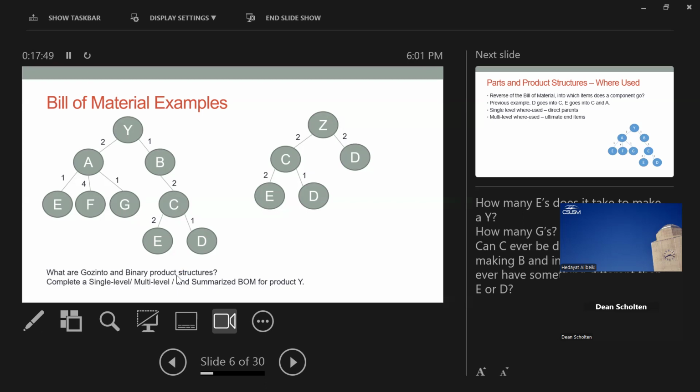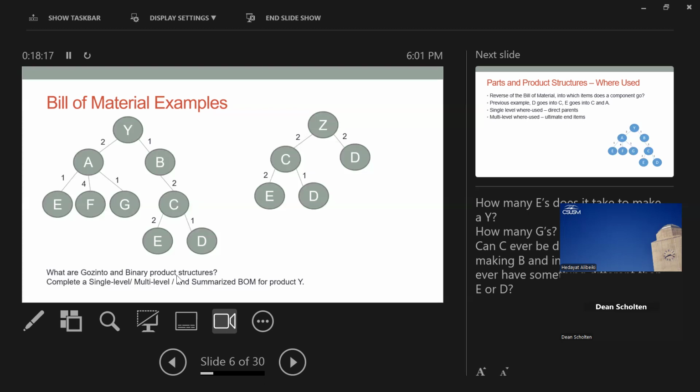This is the multi-level derivation chart. C goes to D. How many C's go into one D? Two. How many D's then go to Y? One, two, three. One Y. Okay.